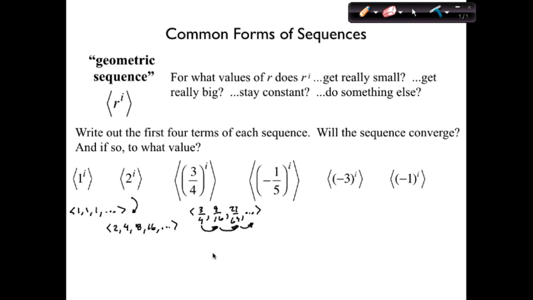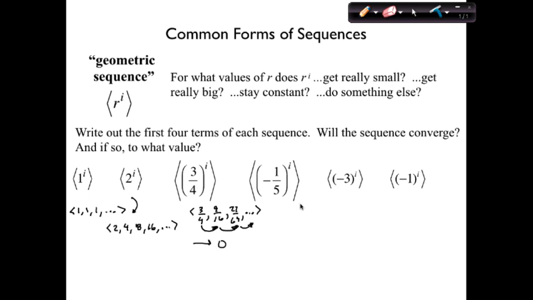Each one of the sequence has one more 3/4 in the list of factors than the previous one. So you get the next term of the sequence by multiplying by r. Times r, times r, times r. So in this case, you're always multiplying the previous value by 3/4. You keep taking 3/4 of your previous value. And that converges to 0.